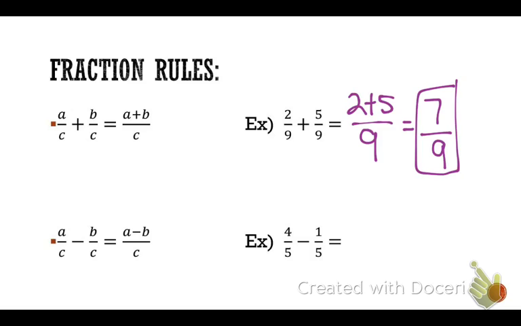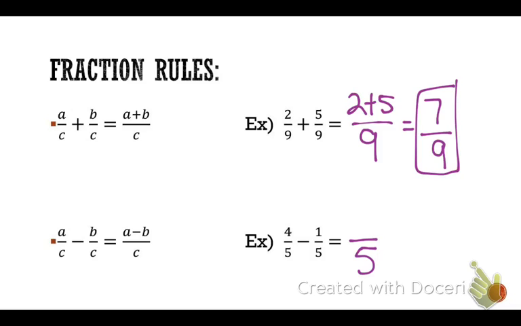We've got subtraction, same idea. We will subtract in the order that they gave us, so left to right, A minus B in our numerator. The denominator stays the same. So I already heard somebody say it. What's my denominator? A 5 stays the same.